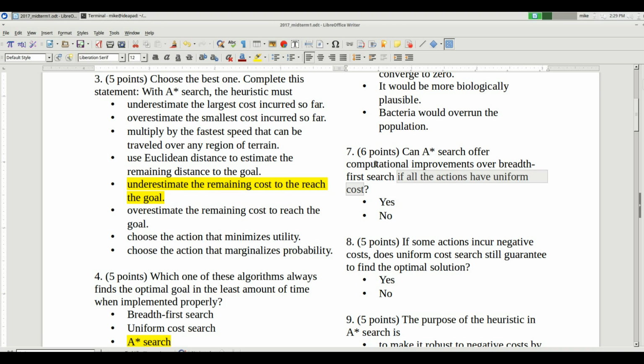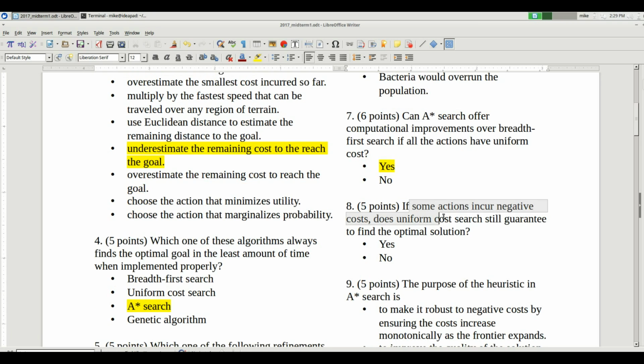That really doesn't have anything to do with whether or not there's uniform cost in the actions. So A-star search is intended to improve over breadth-first search or uniform cost search. The answer is yes.